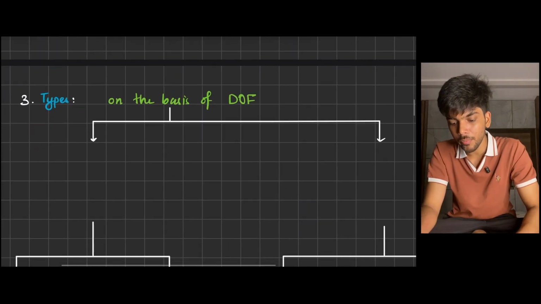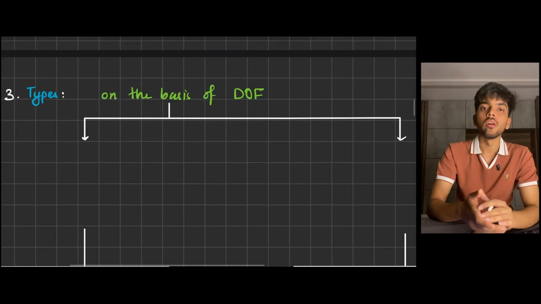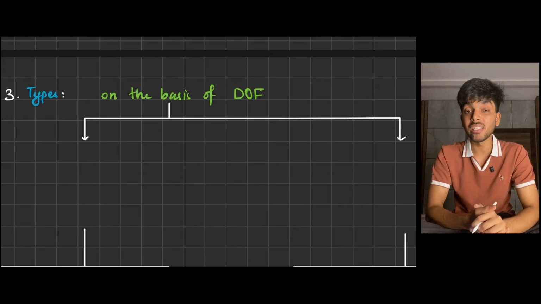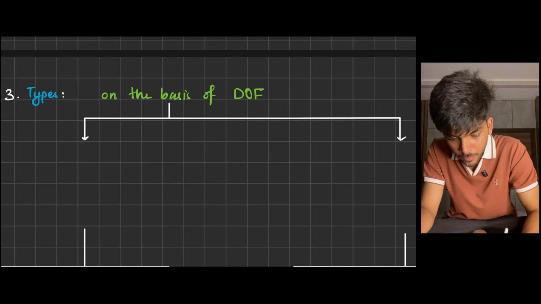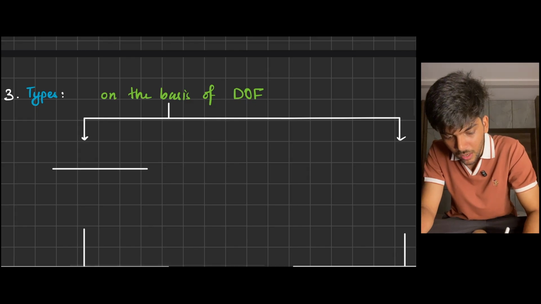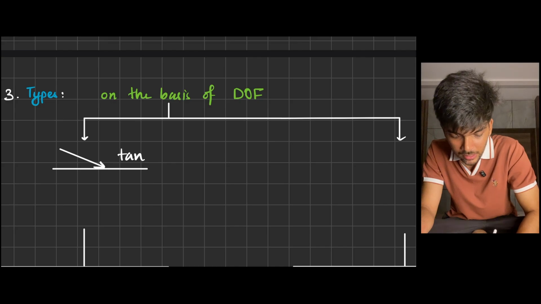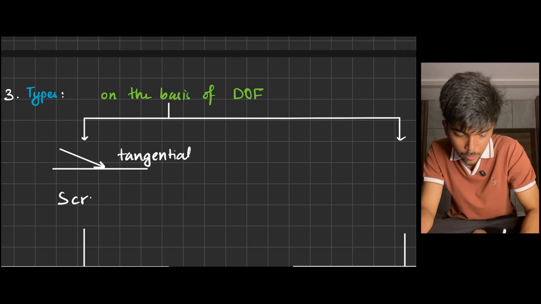Next is the types of abrasion. Abrasion is of two types on the basis of direction of force. If the force is along the line of the epidermis, that is, it is tangential, then we get scraping abrasion.